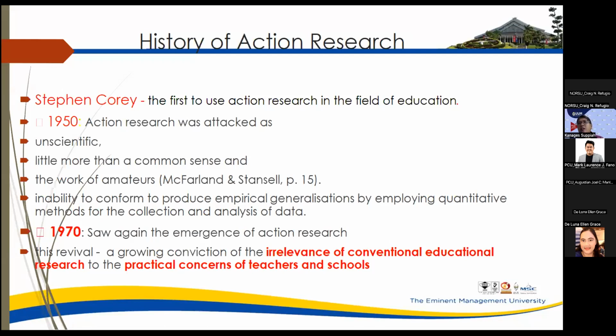All we need to do is look at the issue that we want to solve, come up with an intervention, look at the data to see to what extent the data supports that the issue has been resolved. And then we make a reflection. And then we learn from it with the hopes that we have improved the teaching learning process.